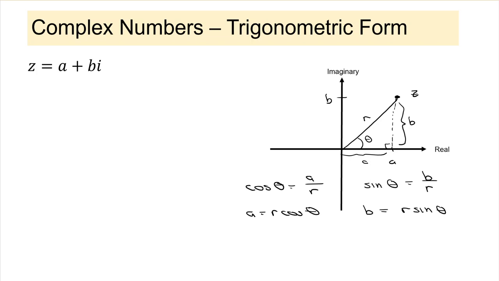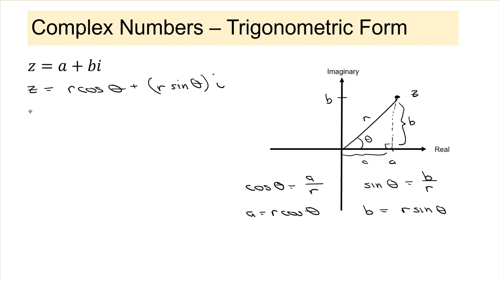So now I'm going to use those two substitutions up here in the rectangular form. Instead of a, I'm going to write r cosine theta. And instead of b, I'm going to write r sine theta, then i.